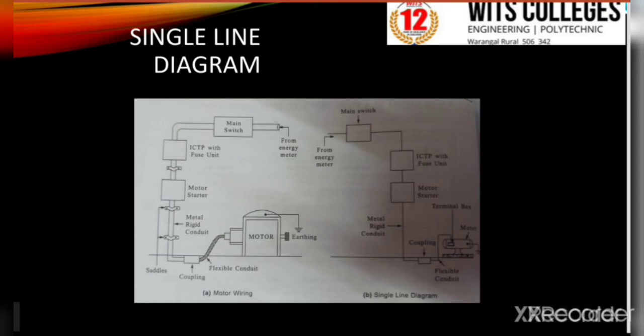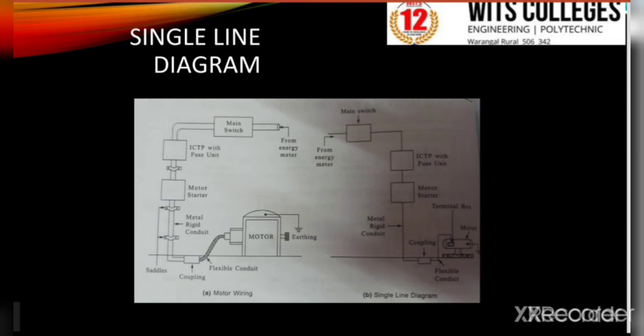From the motor starter it is transferred to the coupling through metal rigid conduit, and from the coupling it is given to the terminal box of the motor. When giving power from the coupling to the terminal box, we use flexible conduit, and we use one earth wire.